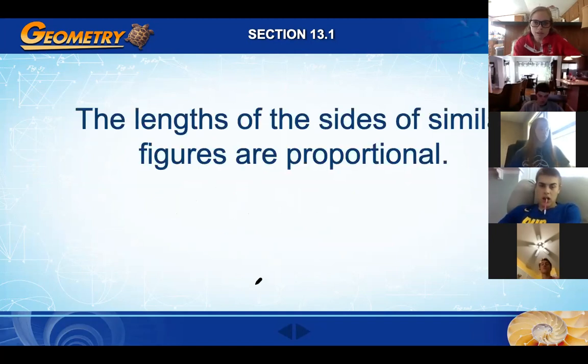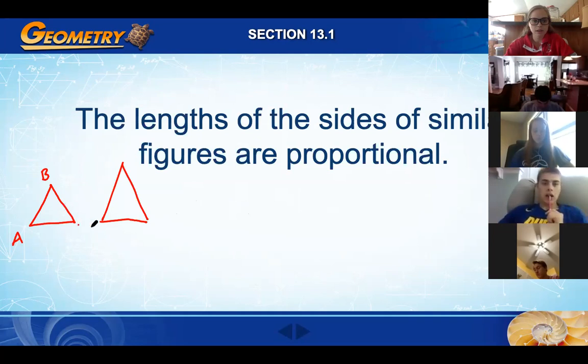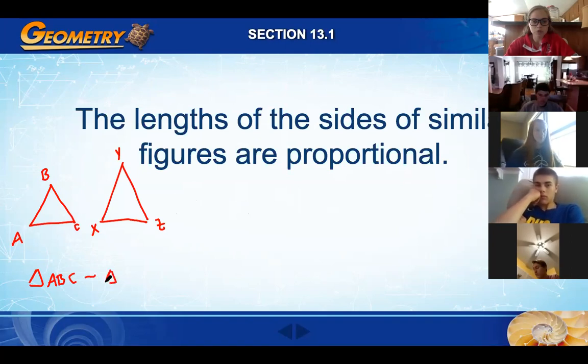The lengths of the sides of similar figures are proportional. So we already talked about that. So if I have two triangles, and these triangles are similar to one another, triangle ABC and triangle XYZ, what would my similarity statement be? Triangle ABC, I'm saying, is similar to triangle XYZ.